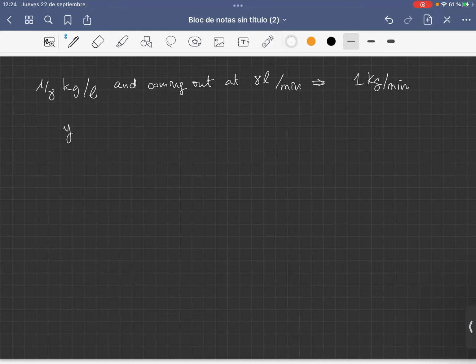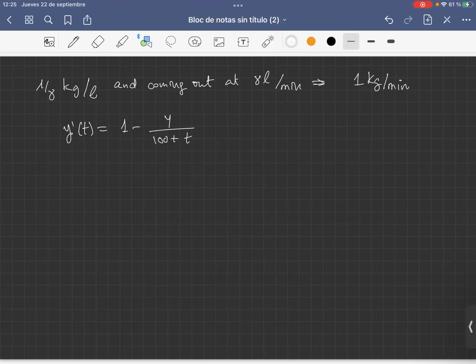So how is the total amount of salt going to change? Well, the change in time of the total amount of salt is going to be what enters, which is 1 kilogram per minute, minus what is leaving the mix. What is leaving, we just calculated it, and this was the equation.